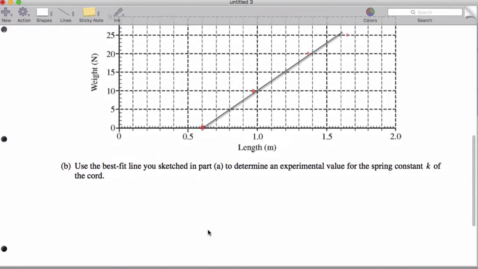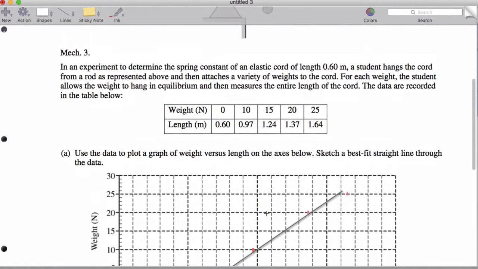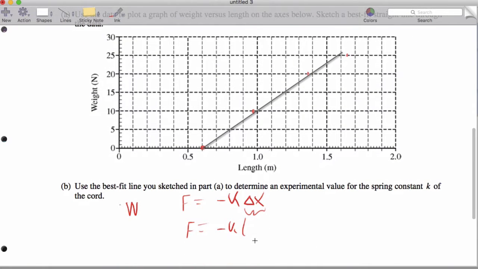So when we actually do this graph to get the slope, let's be clear, I want to use Hooke's law. And here I'll use delta x to represent the distance from equilibrium. So F is going to be negative k times the displacement.